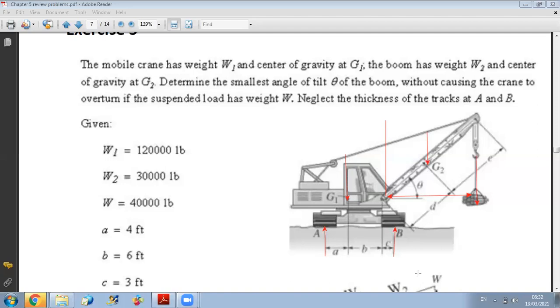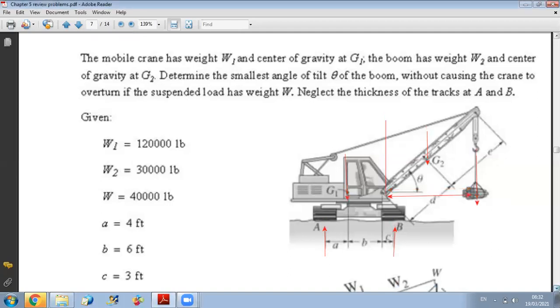Okay, so now I will do the analysis for this configuration. What should be the angle theta to avoid tipping over? The first step is to draw the free body diagram.